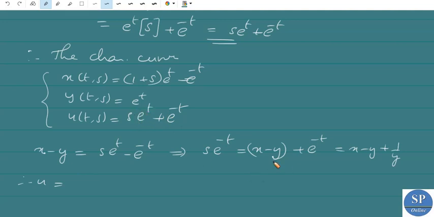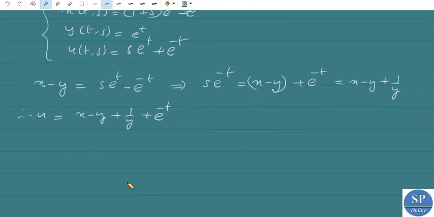Replacing s e power t, u is x minus y plus 1 by y plus e power minus t. Now e power minus t is 1 by y itself, so x minus y plus 1 by y plus 1 by y, that is 2 by y. So this will be the solution in explicit form.